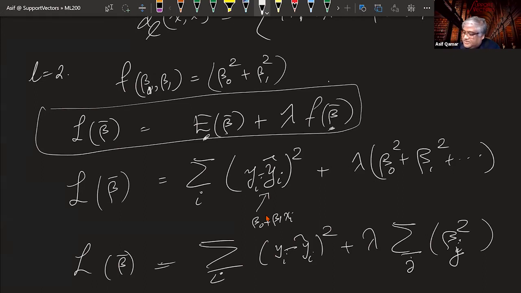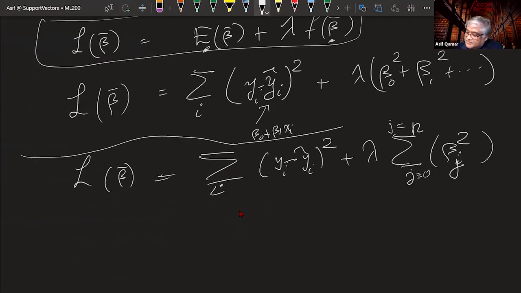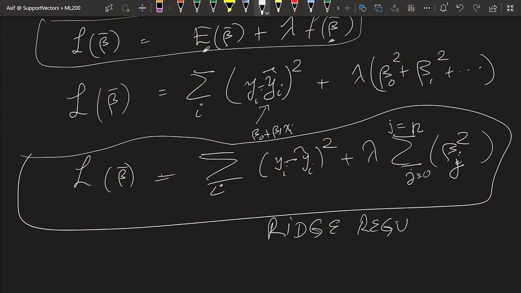Beta j means j is equal to 1 up to whatever number of dimensions there are, or whatever degree of polynomial you're taking: beta naught, beta 1, beta 2, beta 3, whatever. J is equal to 0. Does this look like it? So when you use n is equal to 2, this is called regularization.